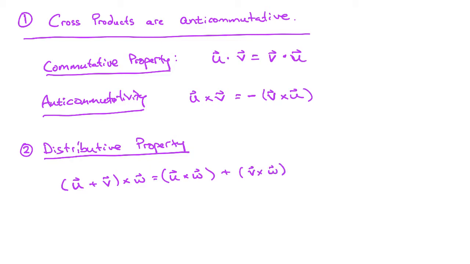And that holds in both components. It holds if we're adding in the first component, but it can also hold if we're adding in the second component. So if we did u cross v plus w, that's still going to give us u cross v plus u cross w.